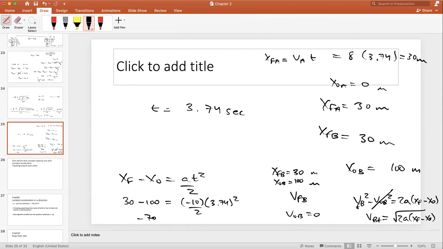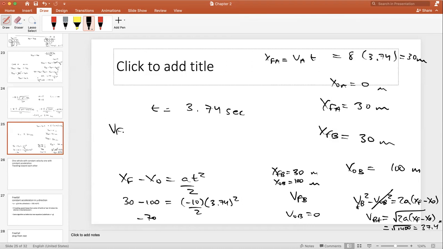A was minus 10. X final minus x initial is minus 70. So this is 2 times minus 10 is minus 20, times minus 70 is 1400. So 1400 positive. And the square root of 1400 is 37.4, plus or minus meters per second. So is this going to be plus or minus?